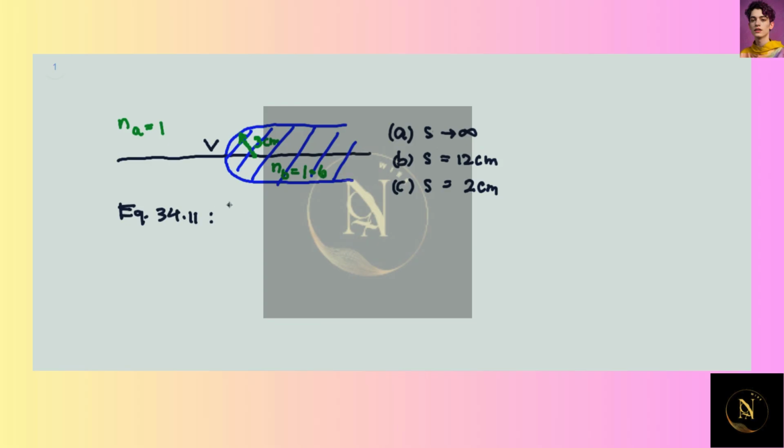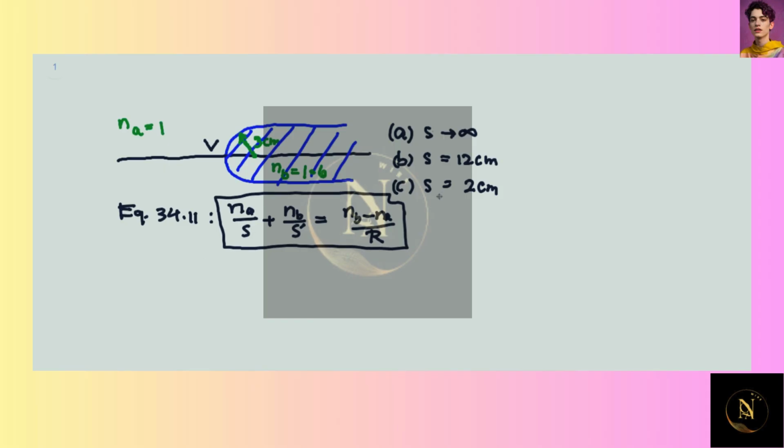It says that NA over S plus NB over S prime is equal to NB minus NA divided by R, where R is the radius of curvature. And we're given that the radius of curvature in this problem is 3 centimeters. So this is going to be the main equation that we use in parts A, B, and C.